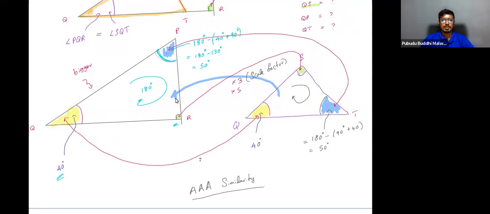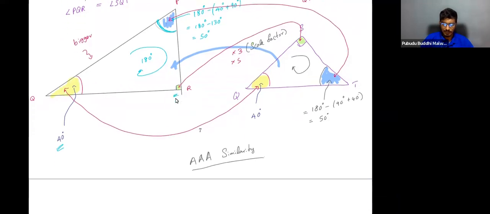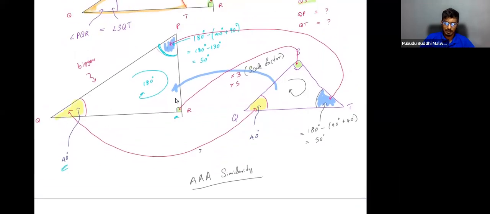Now focus on these angles. For example, let me start with that yellow colored angle. Then the opposite side, opposite length is PR, and the opposite length of, okay, let me use yellow, that's the opposite length of this yellow colored angle.